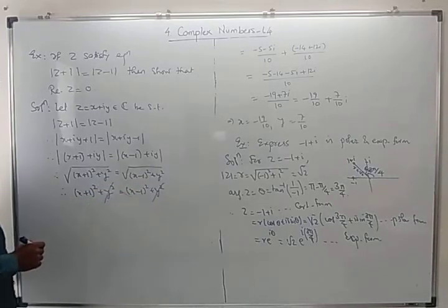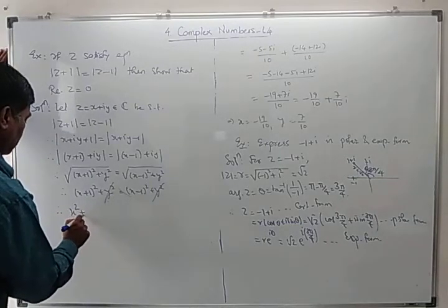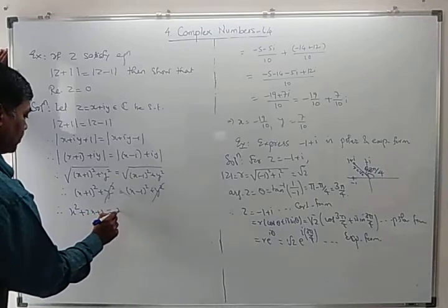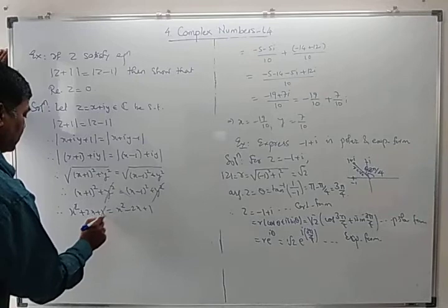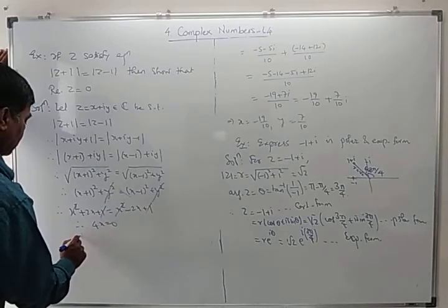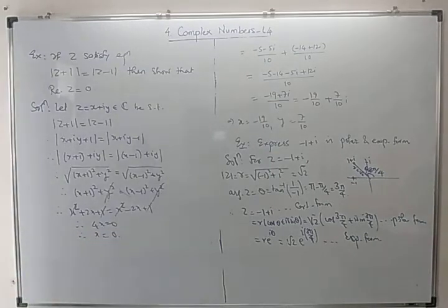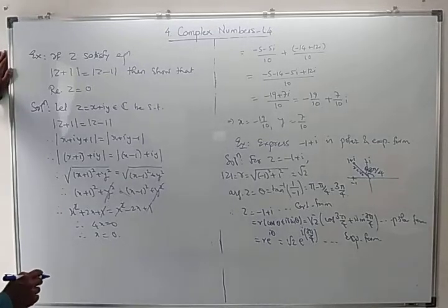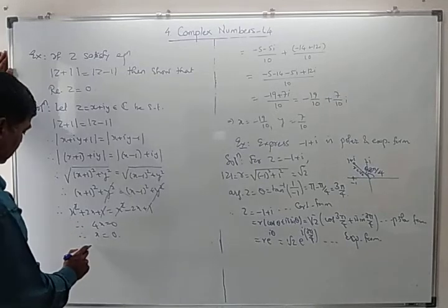Y square gets cancelled. So if I take this square, we will get x² + 2x + 1 = x² - 2x + 1. So x² and 1 get cancelled. We will get 4x = 0 and therefore x = 0.